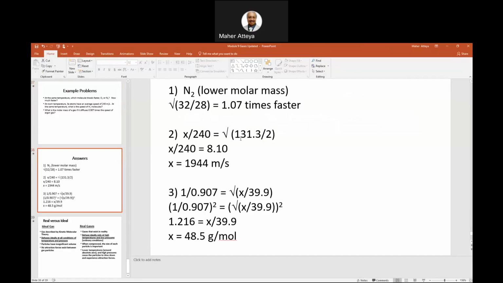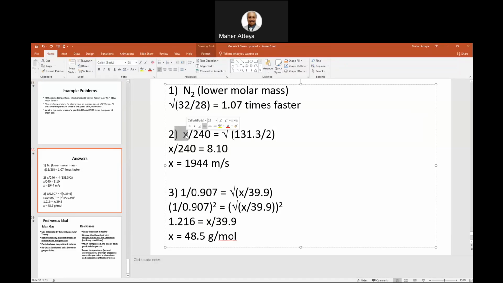This is hydrogen, correct? And this is hydrogen. This is the speed of xenon. So the xenon atomic mass is this one here, correct? And hydrogen is 2. So you can determine the rate of hydrogen. And believe it or not, hydrogen is a smaller gas, so it will have a higher speed.